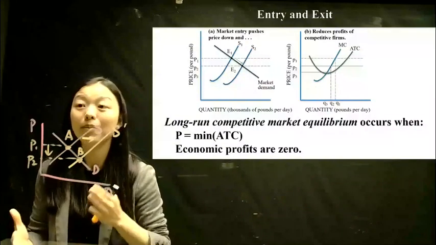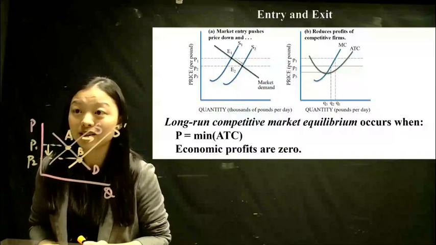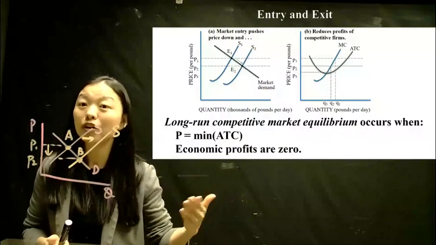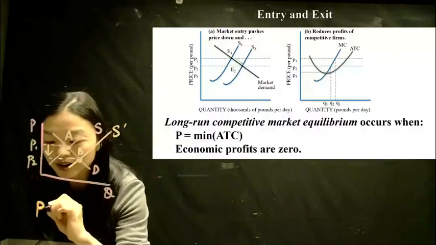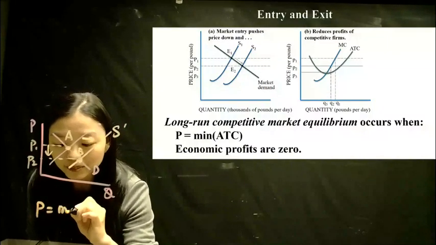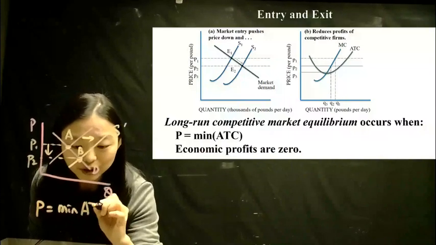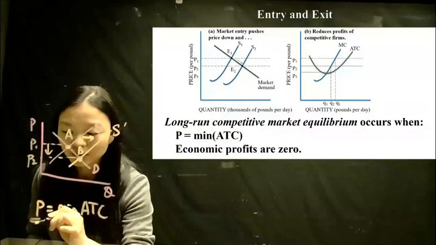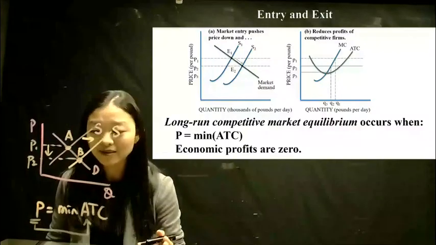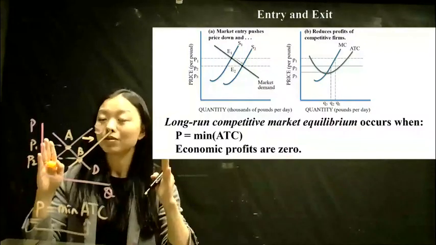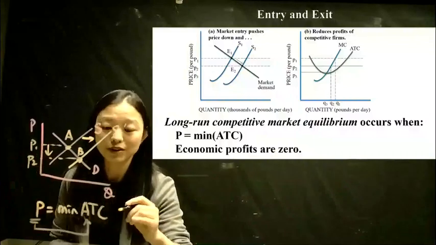as we talked about, if there is still some positive economic profit, it will lure new firms to enter, right? So until the price equals the minimum of the average total cost, then there is no positive economic profit.